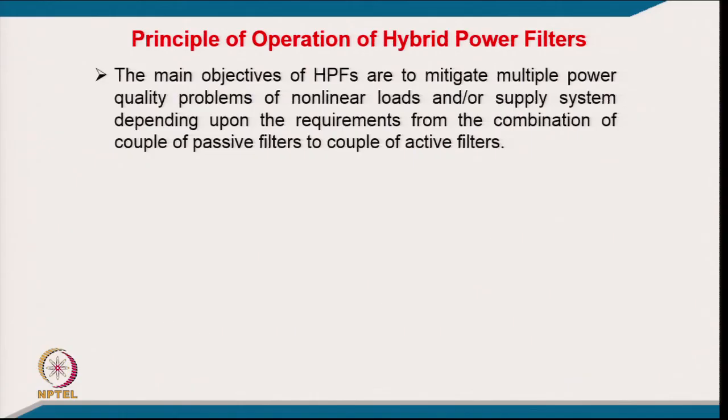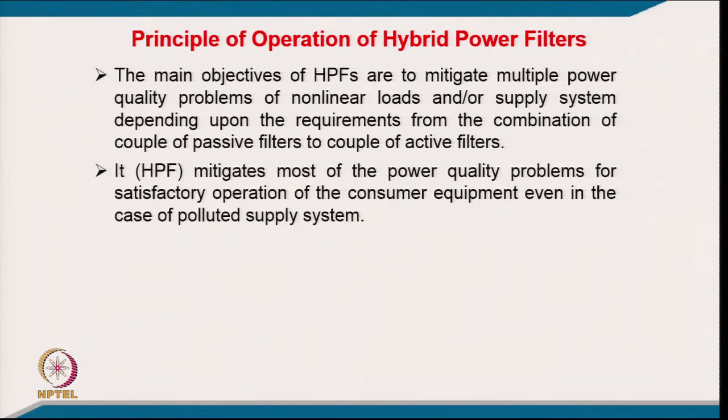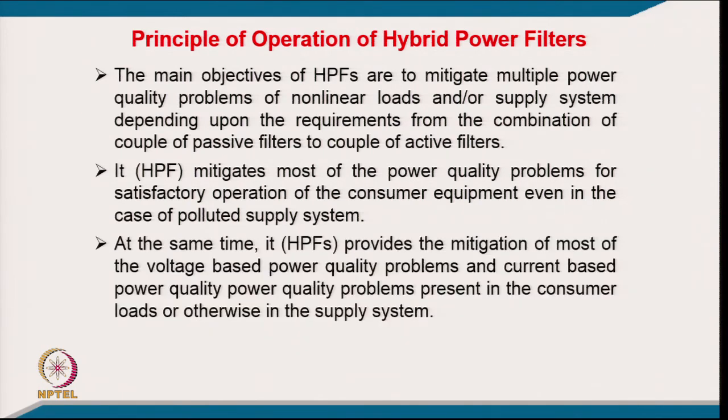So, coming to the principle of operation of the hybrid filter, the main objective of hybrid filters is to mitigate the multiple power quality problems of nonlinear load and or supply system, depending upon the requirement, from the combination of a couple of passive filters and a couple of active filters. The hybrid filter mitigates most of the power quality problems for satisfactory operation of the consumer equipment, even in the cases of a polluted supply system.